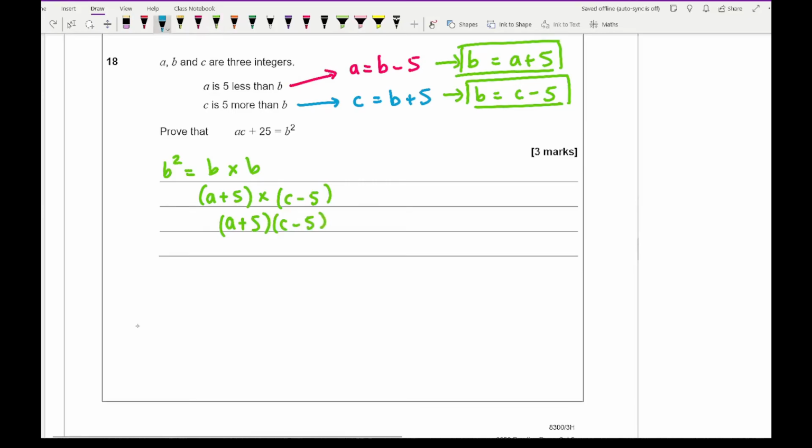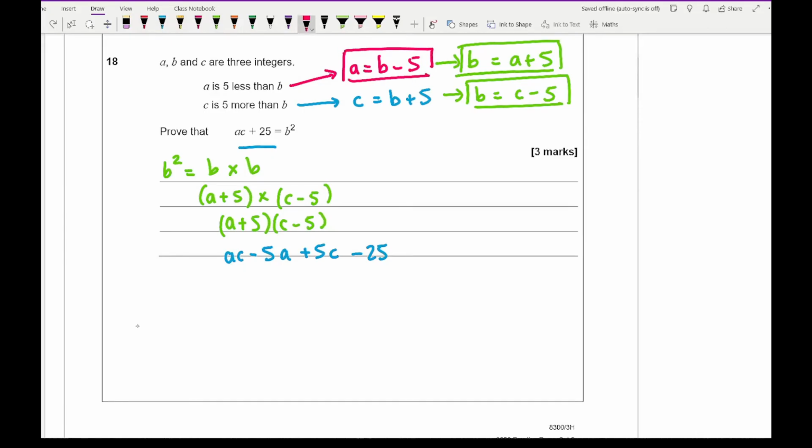And then if I expand that out, using double brackets, I get AC minus 5A plus 5C minus 25. Now so far that doesn't quite look like this, but then if I use each of these, and let me just use the right colours.